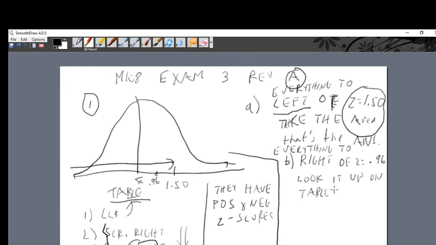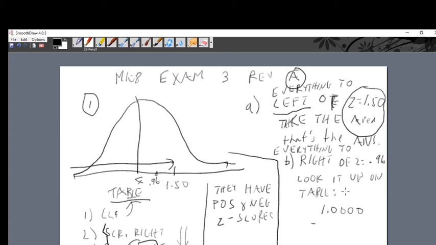So this is what you do. You have to take 1.00, because that's the whole thing. 1.00 is everything. Put four decimal places over here, because usually the z-scores come out as a decimal place, and then subtract whatever 0.96 is.